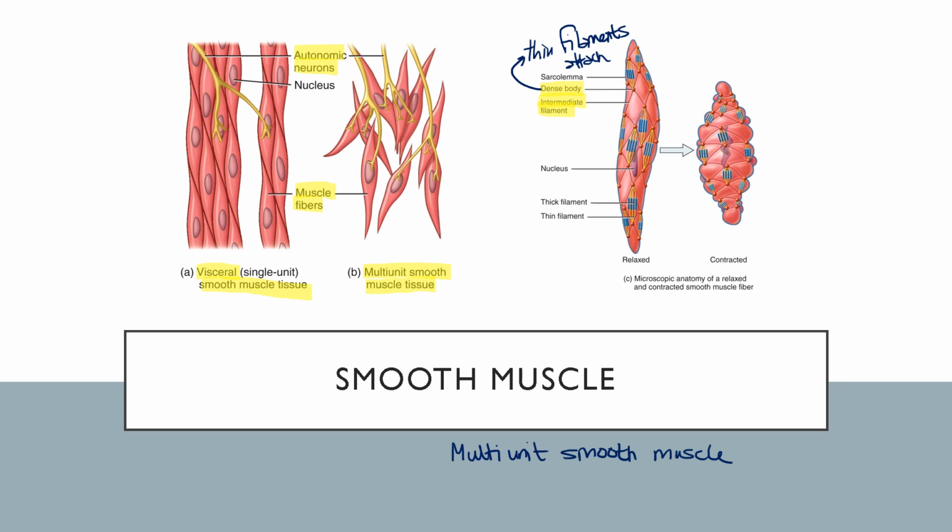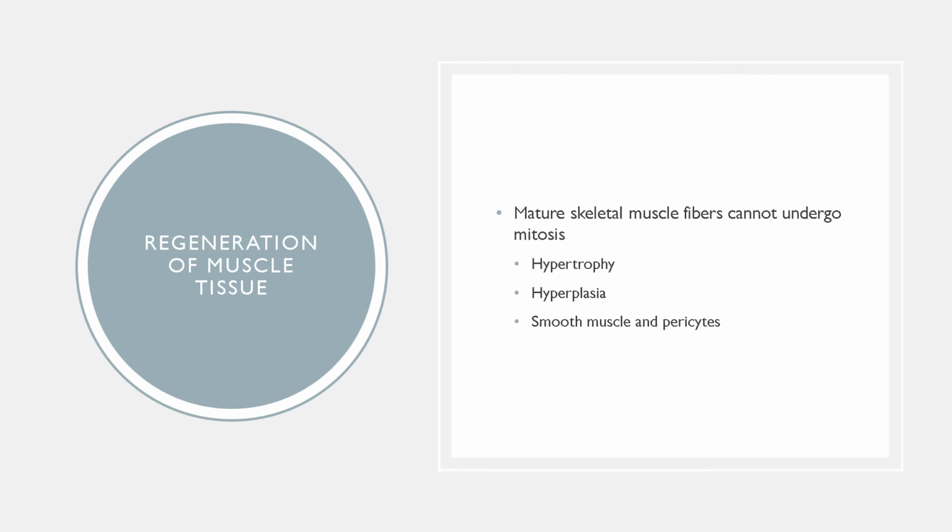Some dense bodies are dispersed throughout the sarcoplasm, whereas others are attached to the sarcolemma. Once a muscle cell has differentiated into a mature muscle cell, it cannot undergo mitosis. Now, because of this, muscle tissue growth after birth mainly occurs by hypertrophy. So this is the enlargement of existing cells.